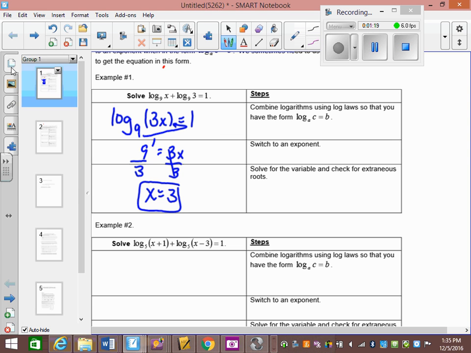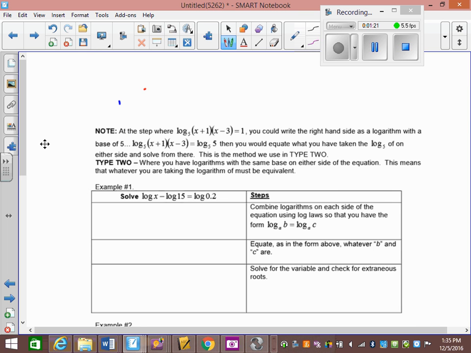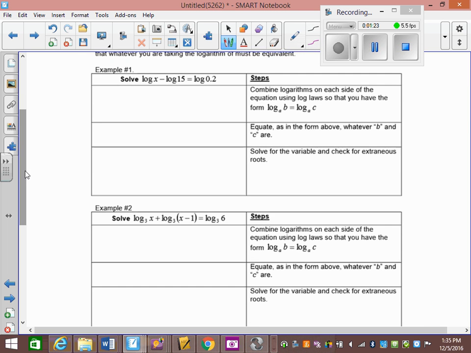That was that one. This second type, however, doesn't have a number, right? It's just all logs of the same base. So what you can do is combine the logs on both sides together first. Here, because they both have 1s in front, positive 1 and negative 1, we can put them together.